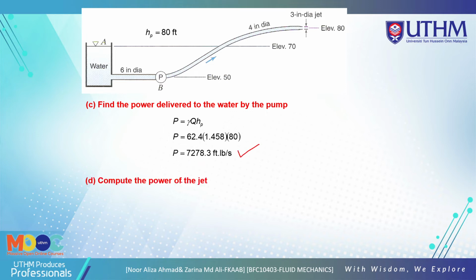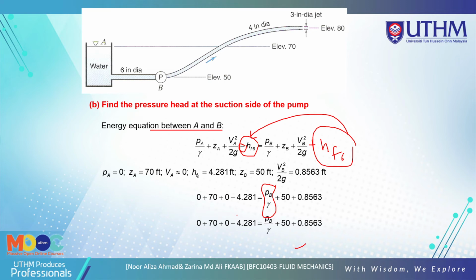Compute the power of the jet. Power of the jet using the jet here in pump here. So 1.458, 15.7 here. So you get the power by pump, and by the jet here based on the jet 13.70.